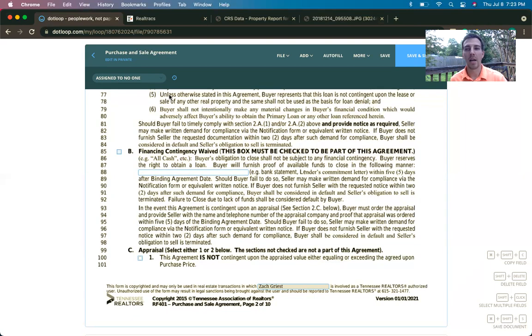So if a buyer has a home to sell and they're offering on this home, and they get denied their loan because they can't qualify for two mortgages, that does not mean they qualify for the financial contingency. They won't get their earnest money back because of a home that they haven't sold yet. So, very important. Read this line over and over and over.